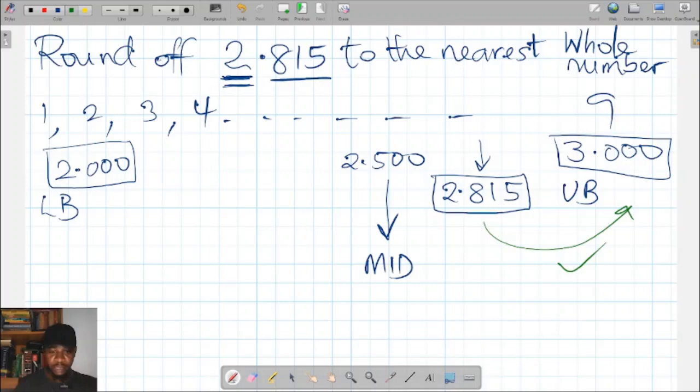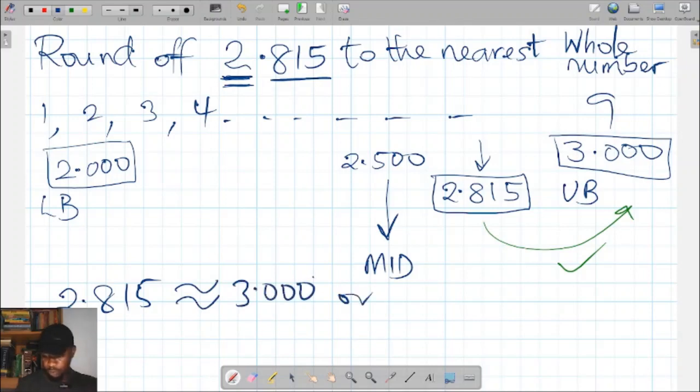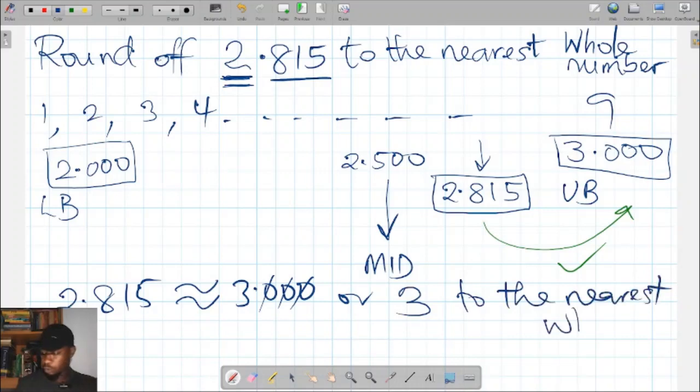So we say that 2.815 is closer to 3.000, or you can just cancel the 3 zeros. Trailing zeros after a decimal number are irrelevant. It is 3 to the nearest whole number, and that is all there is to that.